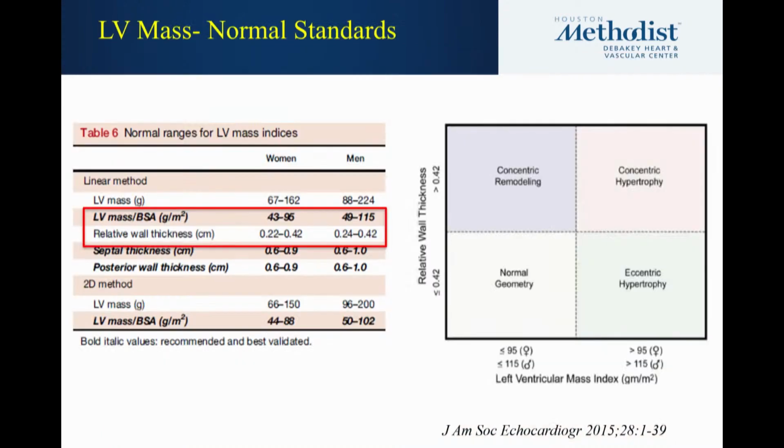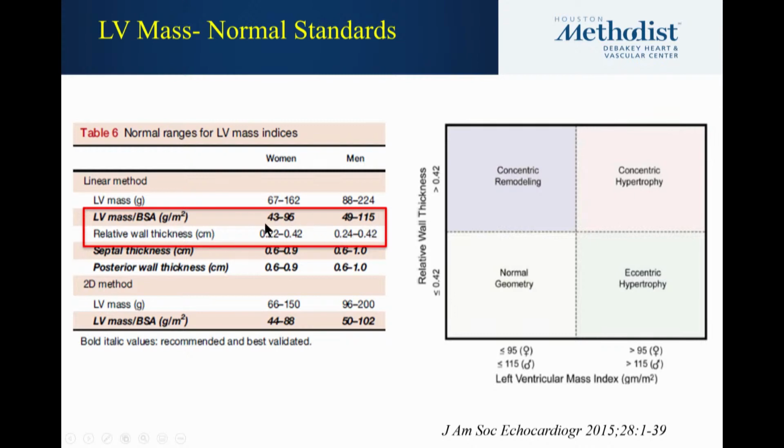So when you do this, you can report in your echo report if there is hypertrophy or not by giving mass values. Here are the LV mass ranges using this linear method. For a woman, the upper limit is 95 grams per meter squared. This is corrected for BSA. And for a man it is 115.